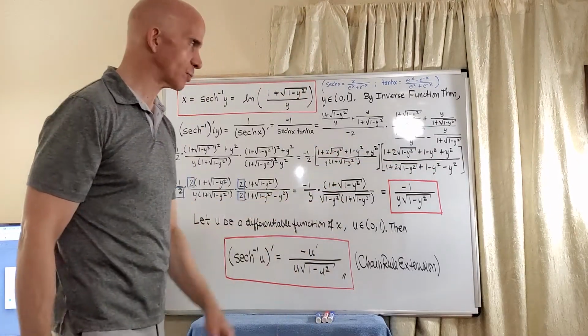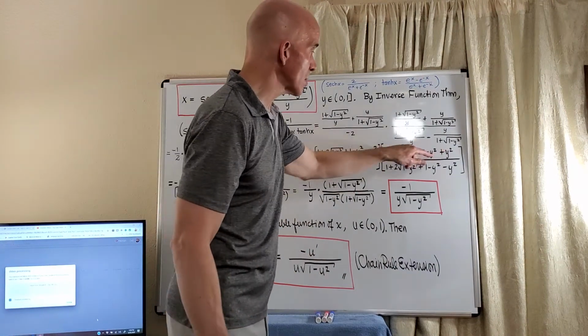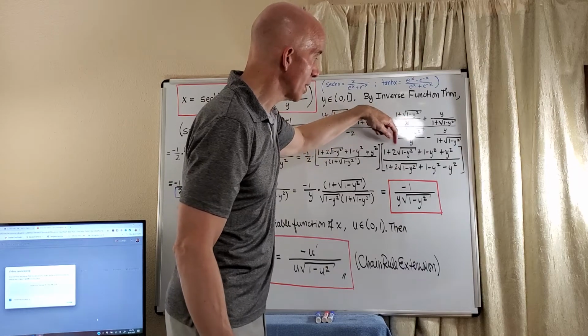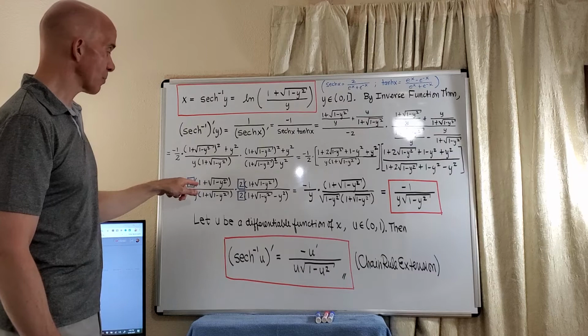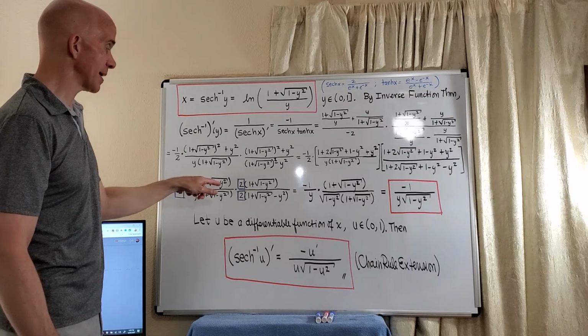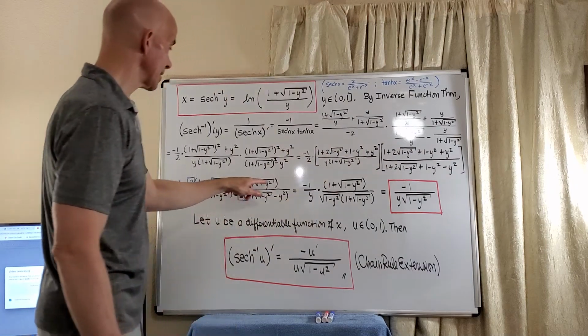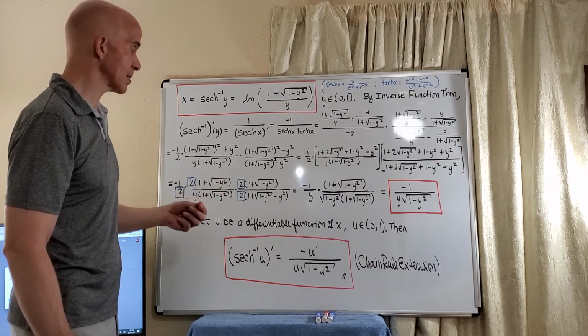So very subtle differences. But now notice here, the y squares absorb, and we get 2 and 2. So we get 2 copies of 1 and 2 copies of the radical. So I just go ahead and factor the 2 and write 1 plus the square root of 1 minus y squared. Same thing for this side. We get the same thing, 2 times the quantity 1 plus the square root of 1 minus y squared.